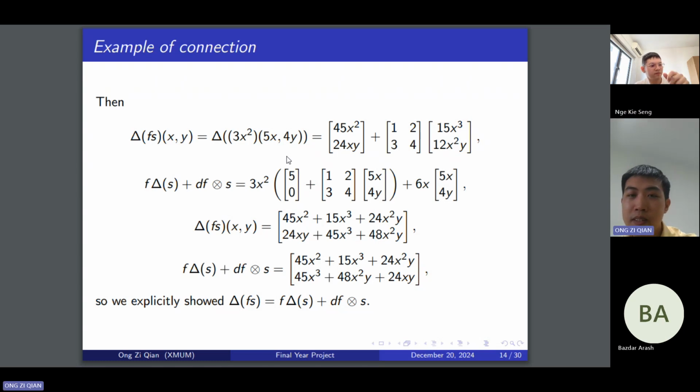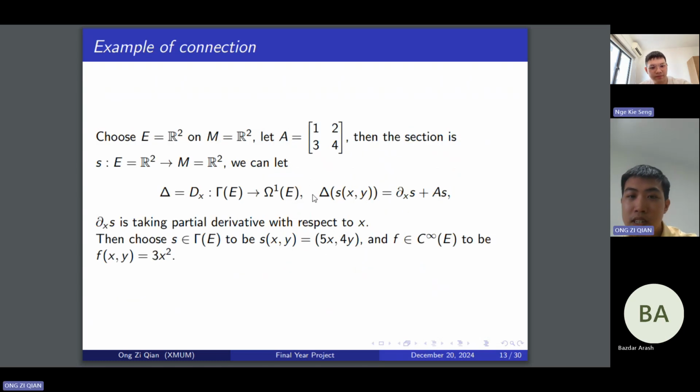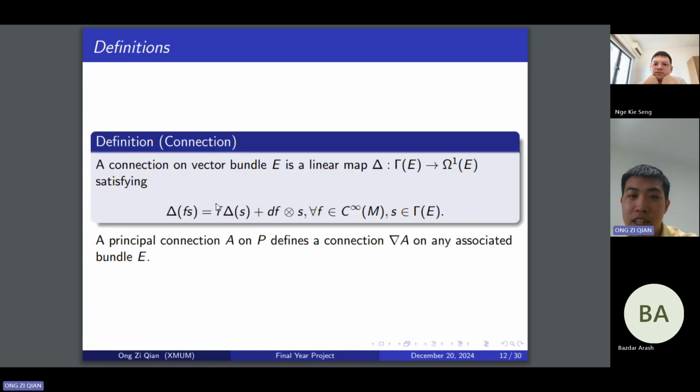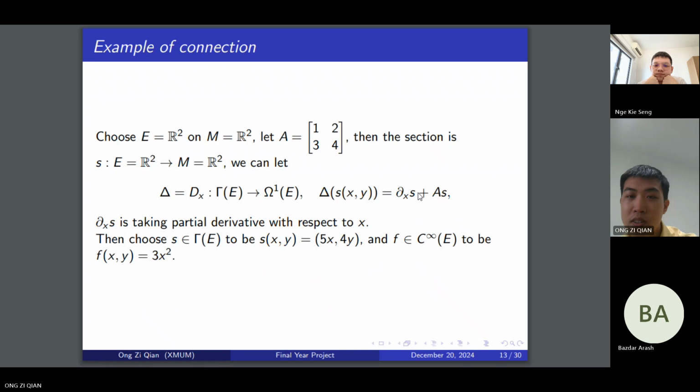For all F, because from the definition, we check if we have fs. What do you want to prove? You want to prove that this is a connection, or what is the goal?